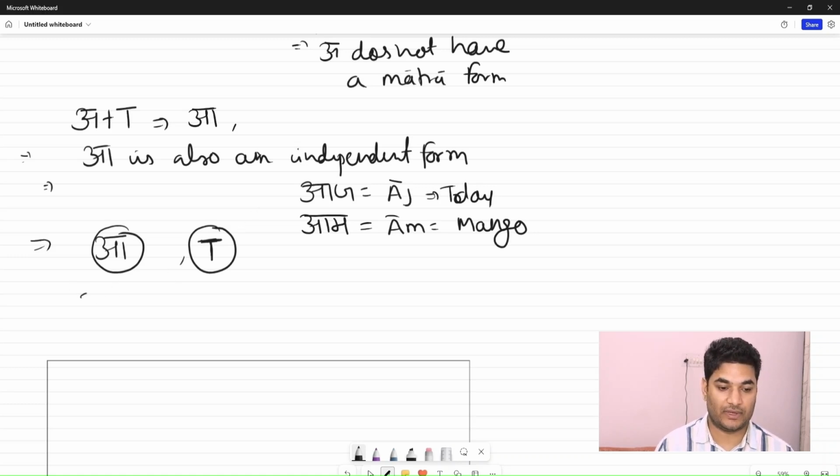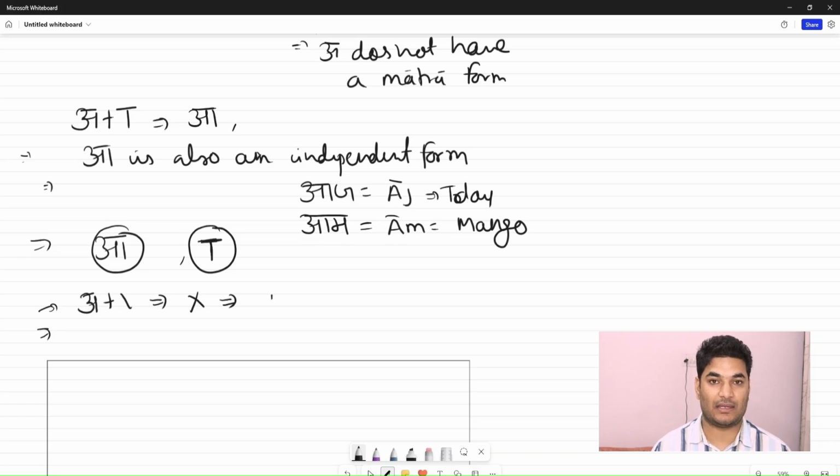Fine. Now the third one, a plus a matra, they do not work together. A is written very differently from this. This is not the way to write A.